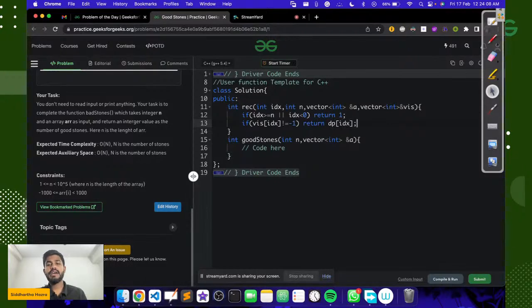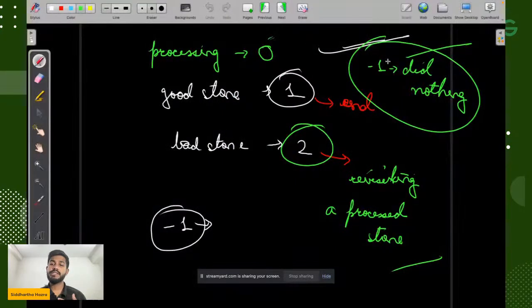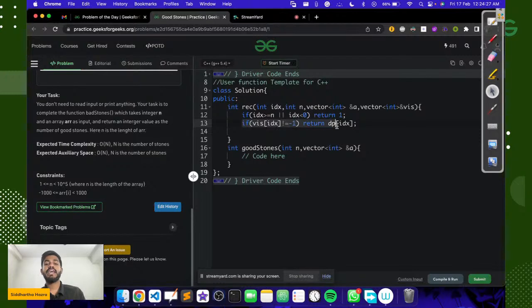What do we mean by this? Suppose -1 means we did nothing. -1 means did nothing, but all the rest of the values mean we have already decided what to do. Either it is in the processing state, or it is a good stone, or it is a bad stone. We don't need to take a decision. So if the visited array is not equal to -1, then return the visited array of idx.